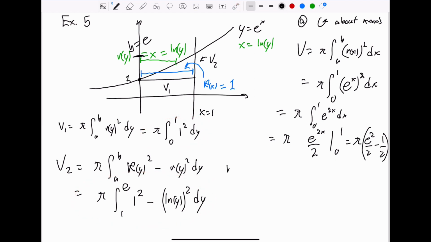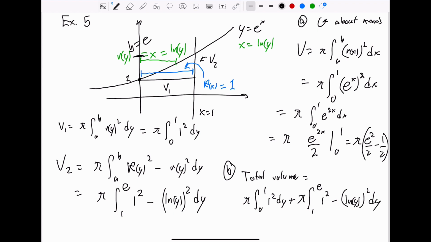So for part B, the answer is total volume equals the volume from V1 plus the volume from V2. Pi times the integral from 1 to e, etc. This is the answer for rotating around the y-axis.